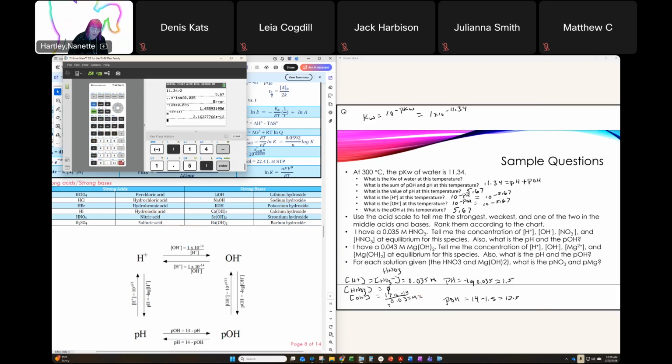So 3. Oh, no, 3.2. I gain one going this direction. So 3.16 times 10 to the minus 13. My sig figs are terrible today. It's 10 to the minus 13 instead of minus 14 because I gain a significant digit in this direction. So there we go. Cool with that. So that's the pH, pOH, H3O, H plus, NO3 minus, HNO3, and the OH minus. So that's everything that it asked me for.